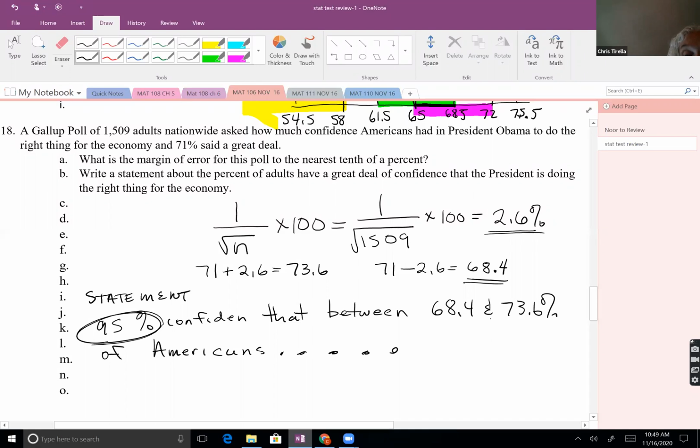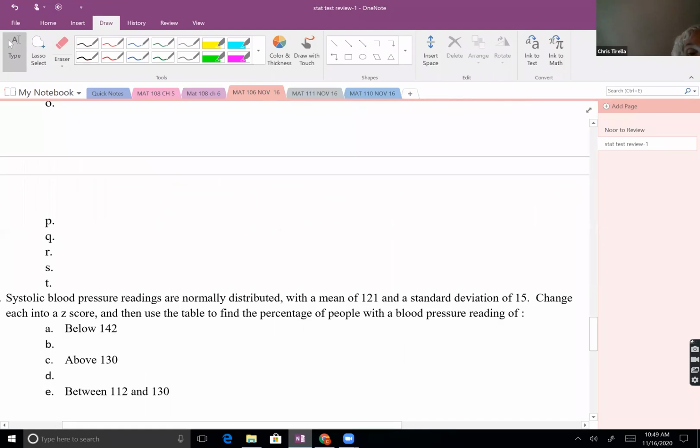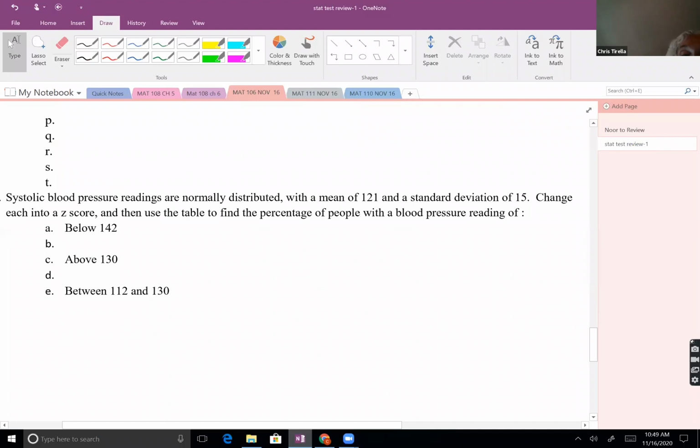And then last question, change each into a Z-score and find the percentage of people that fit the description. For this one, on the test, I have a copy of that Z table inserted. I have to apologize. I forgot to insert it in this document. On the test, that Z table is inserted a couple of times.